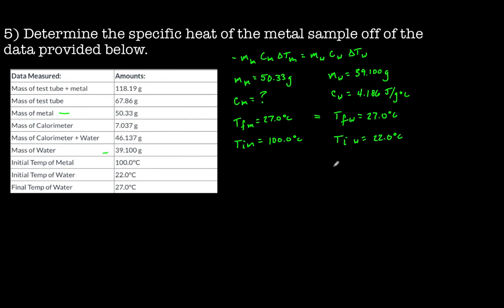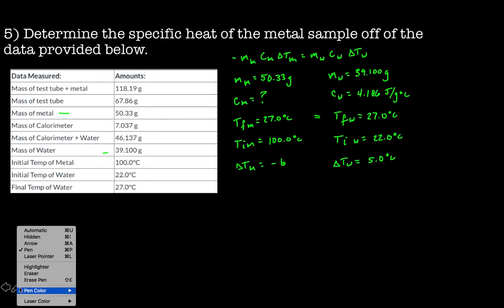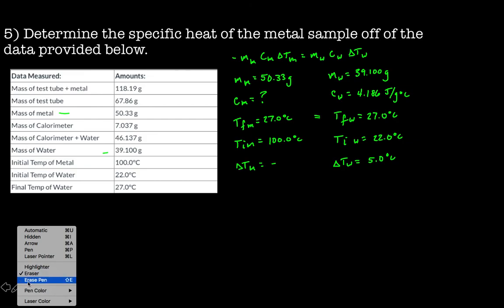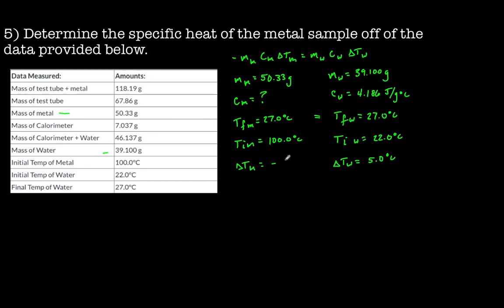So in my calorimetry, my water had a change of temperature of 5.0 degrees Celsius, and my metal had a change of temperature again, final minus initial, of negative 63. Is that right? No, that's 73, isn't it? Yeah, negative 73 degrees Celsius. So boom, boom, boom, negative 73.0, again, subtracting degrees Celsius. Now, let's plug it in.